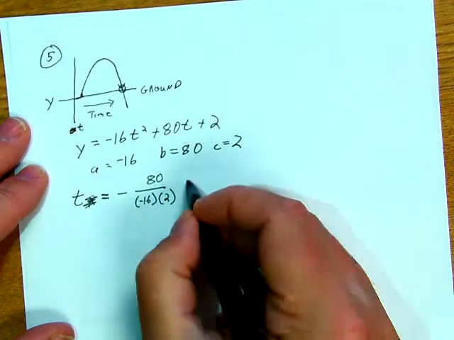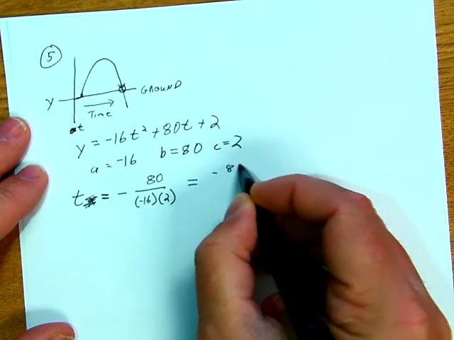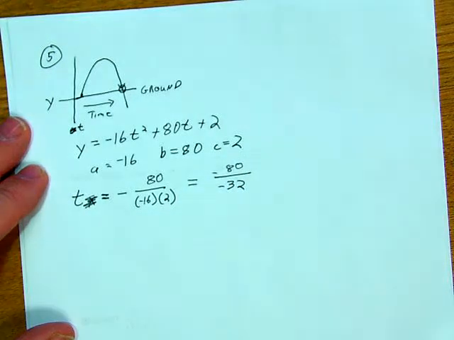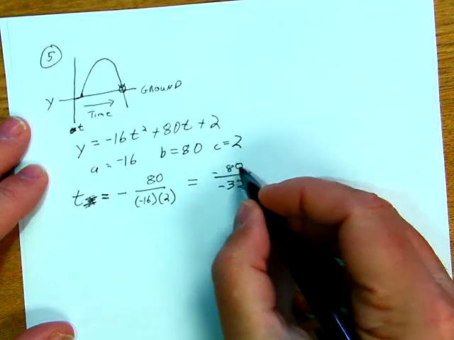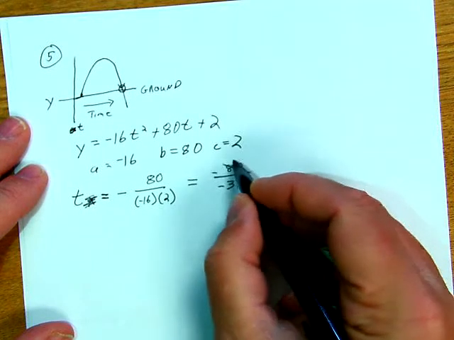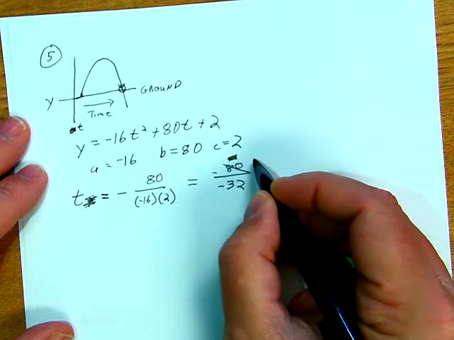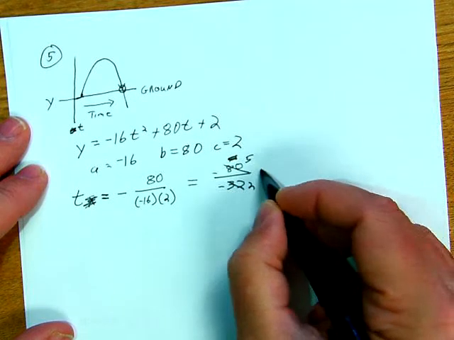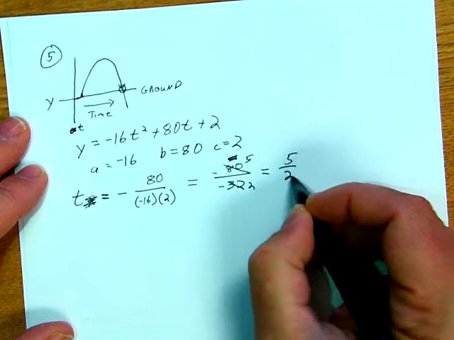All right, that gives us negative 80 over negative 32. And if you calculate that out, after dividing by 16, you get 5, divide by 16 you get 2, the minus and the minus make the positive, so we got 5 halves.